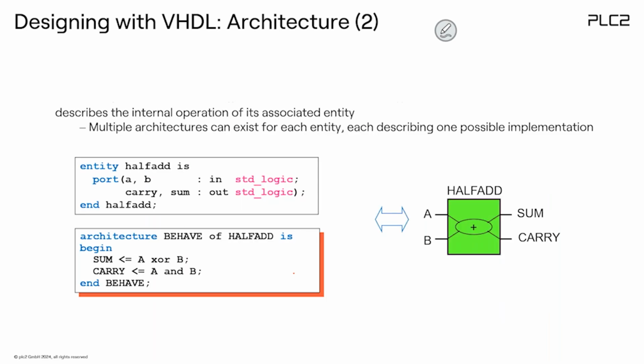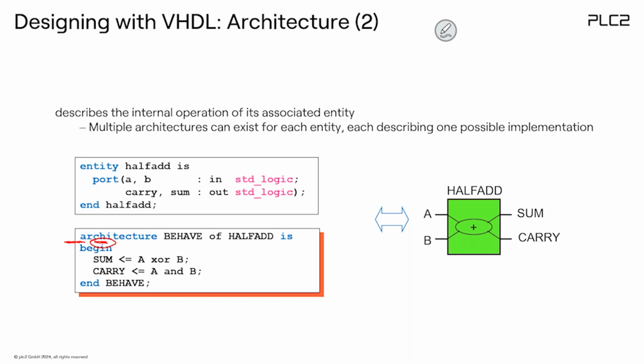Okay, so to make it complete now, if we define the half adder, first we define the entity, and then internally in the architecture, very simple, we just define sum is A XOR B and carry is A AND B. And please note the declaration area right here is empty. There's nothing in there. Why don't we need any definition?